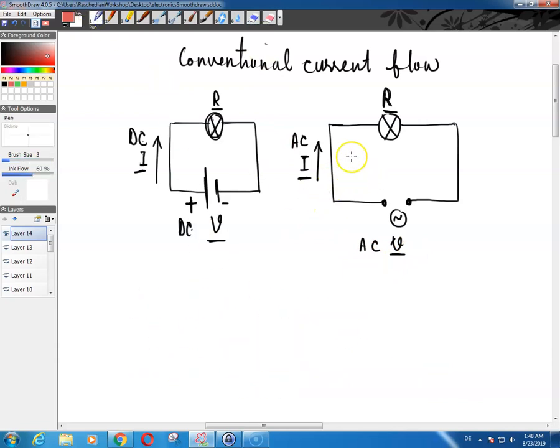But anyway, in an AC circuit you have current, you have a resistance, you have a voltage. In a DC circuit you have a current, you have a resistance, and you have a voltage. And basically these three values are related together using some relationship called Ohm's law.